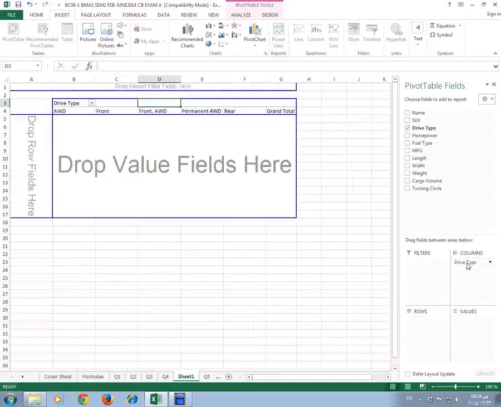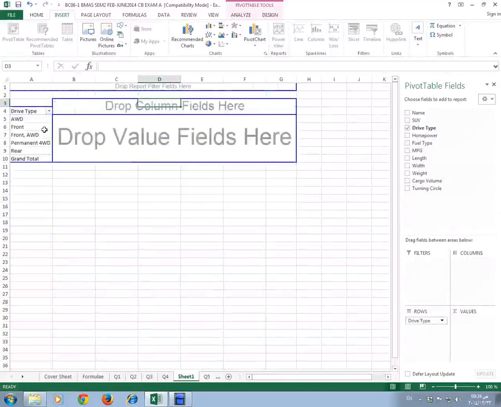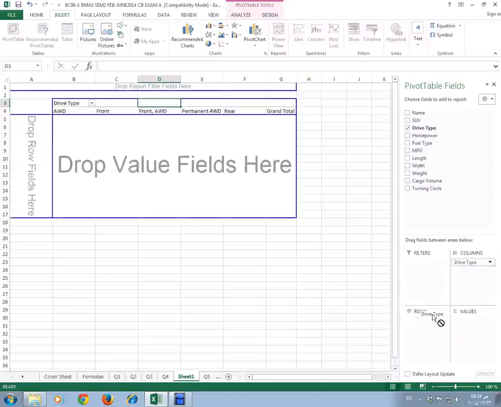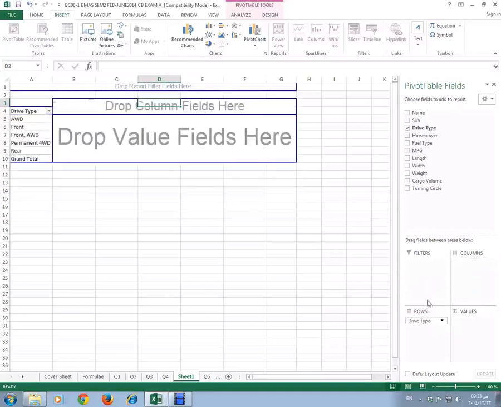Now it is a column. If you put it here, then it will be a row. If you want it as a column, you can drag it from place to place as you like. Since the question is not asking you to put it in a column or row, they said only cross tabulation, it is up to you.